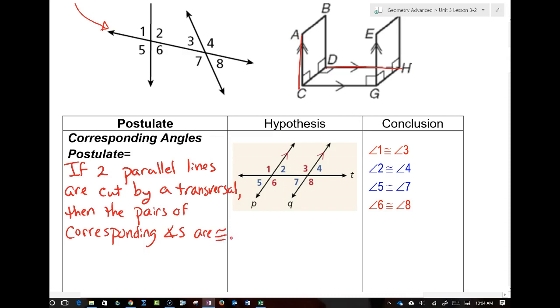I'm going to abbreviate there a little bit. So if 2 parallel lines are cut by a transversal, then the pairs of corresponding angles are congruent.